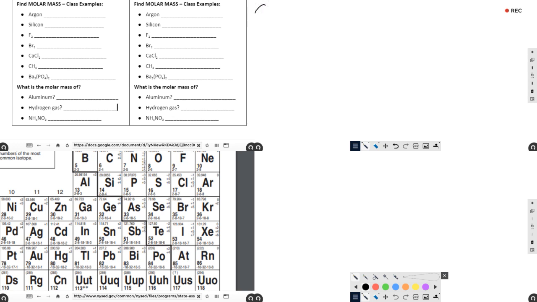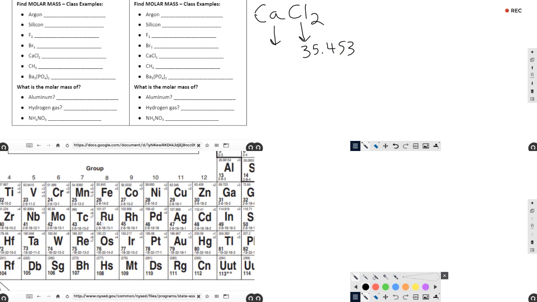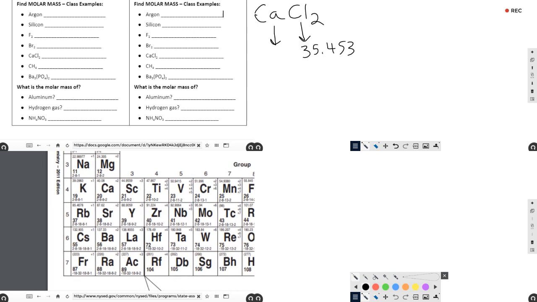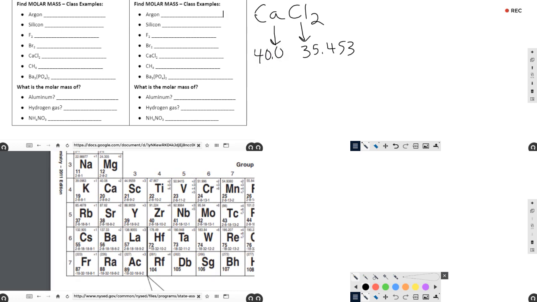Then we have CaCl2. All right, so I have Ca and Cl. All right, Cl is 35.453, and Ca, all the way on the other side of the periodic table, 40.08. Okay, so we're going to round. Okay, so this is 40.1, and this is 35.5.